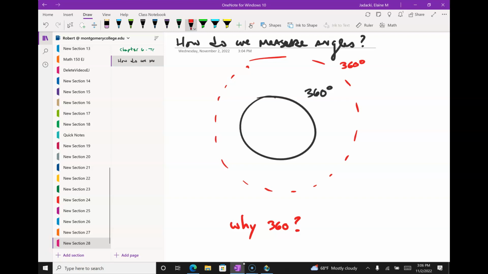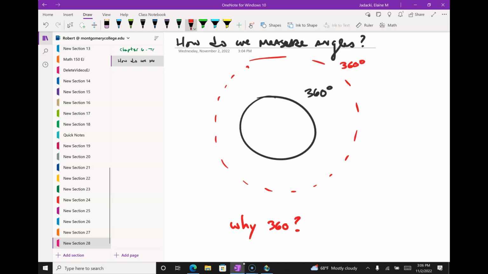It's also kind of nice. They were brilliant mathematicians, and 360 divides by so many numbers: 2, 4, 5, 9, 10. So it's really a perfect little machine that they created for thinking about a circle.